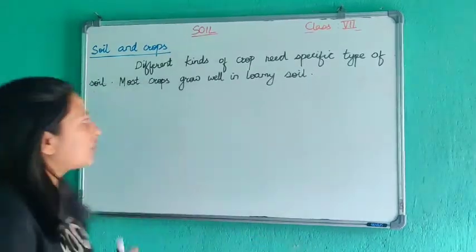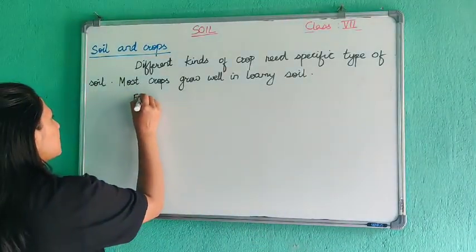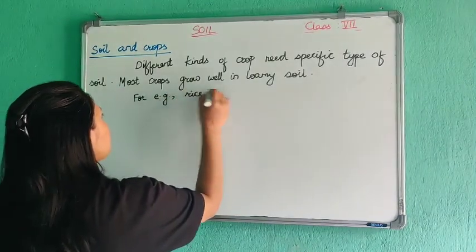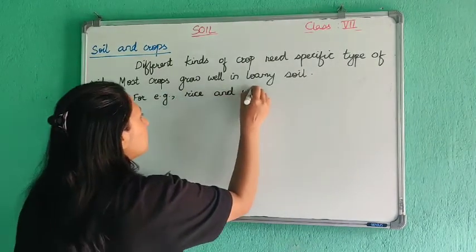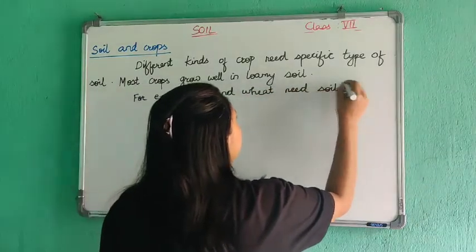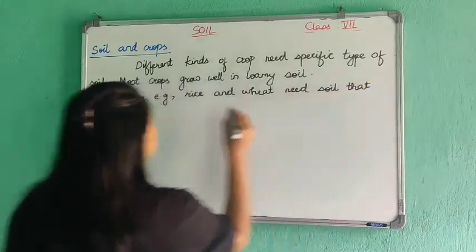Okay, for example, rice and wheat need soil that can absorb more water.